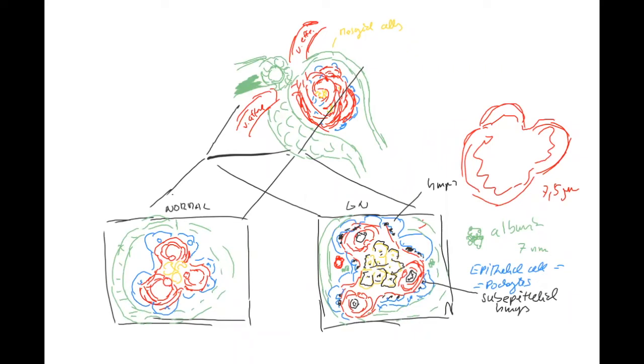Another thing to remember, and I'm going to already jump forward, but because we are at the structural part of this lecture, I want to stress it over here. The important thing I want to stress over here are crescents, formation of crescents. And this is typical, we're going to talk about it in rapidly progressive glomerulonephritis.